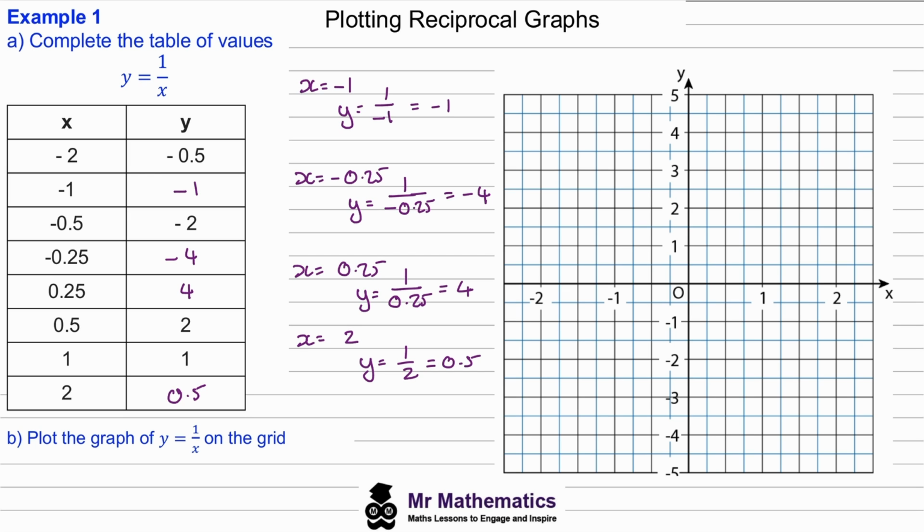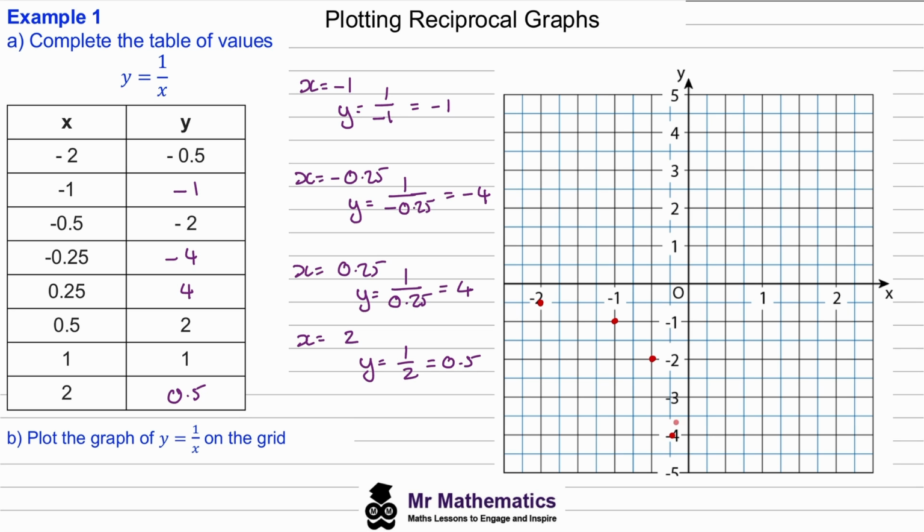So now we have the table of values, we can plot the graph using these coordinate pairs. So when x is negative 2, y will be negative 0.5. When x is negative 1, y will be negative 1. We get negative 0.5 and negative 2, negative a quarter, negative 4.